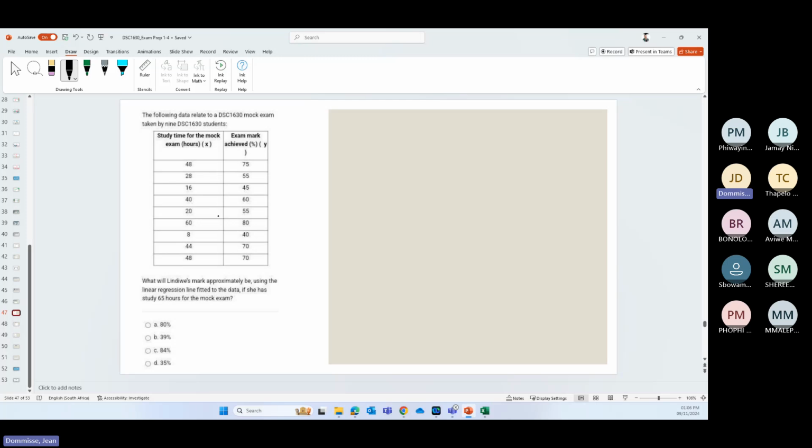And when they ask us, what will Lindiwe's mark approximately be using the linear regression line fitted to the data if she has studied 65 hours for the mock exam?